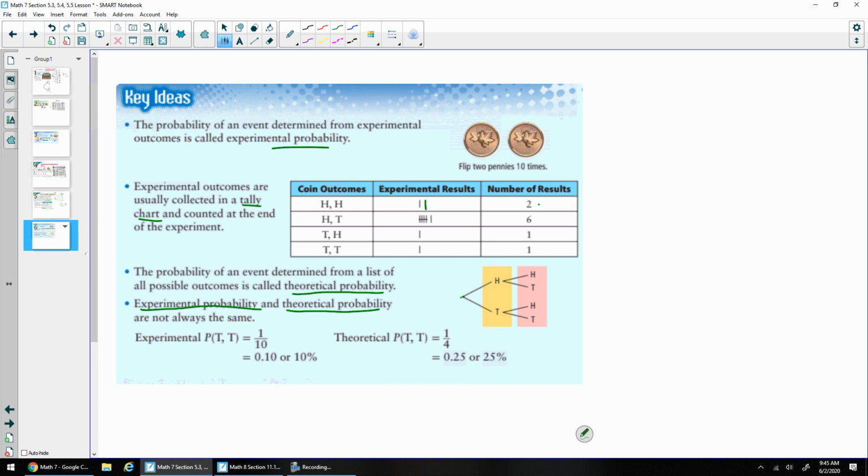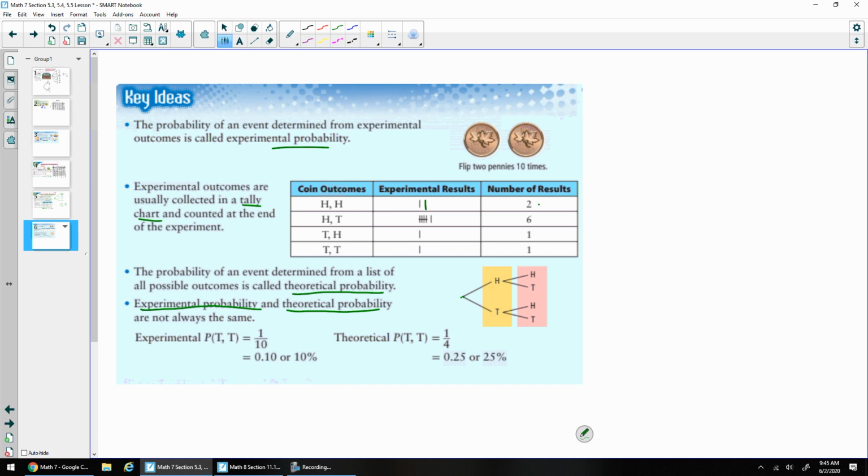But if you were to flip that coin 1,000,000 times, it should come out pretty close to 500,000 for heads and 500,000 for tails. It may not be exact, but it will come a lot closer to 50-50 the more trials that you do. So that's how you can get your experimental and your theoretical closer, just by doing the experiment more, if the theoretical probability is correct.